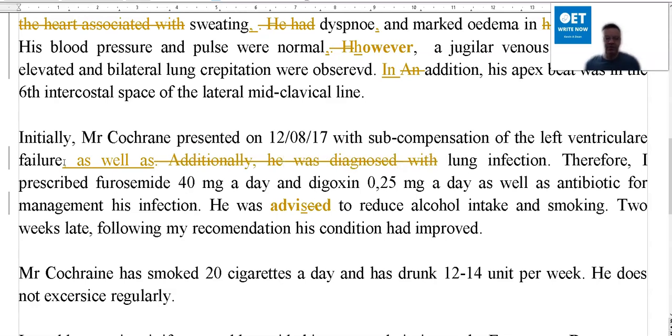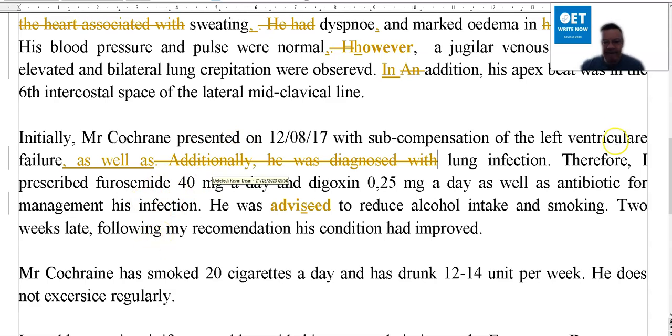There's no need for separate sentences. Therefore, now you could do I prescribed, active, I did this, or you could make it passive. In some cases passive is more concise. So and so was prescribed, instead of therefore I prescribed. Again, you can make it more concise if you do that.